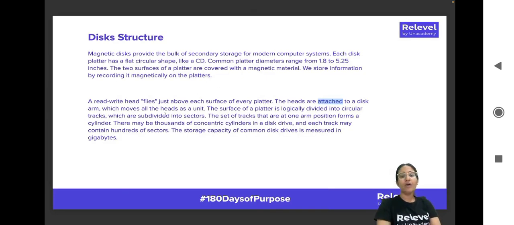Okay. Now, there may be, in this way, thousands of concentric circles in a disk drive, because you just have to map the tracks, correct? And each track can have hundreds of sectors.